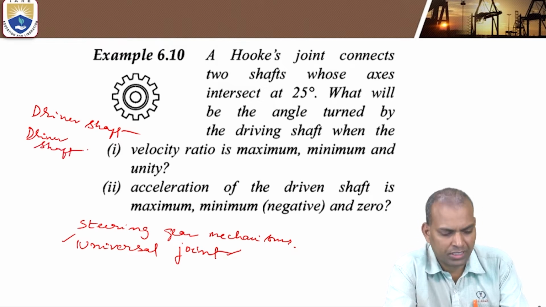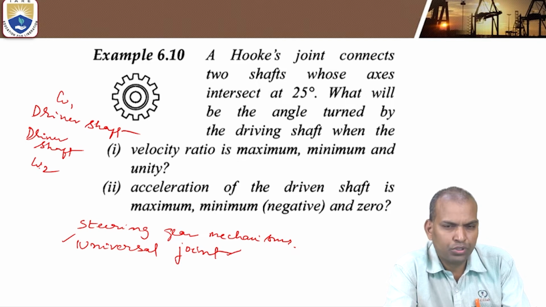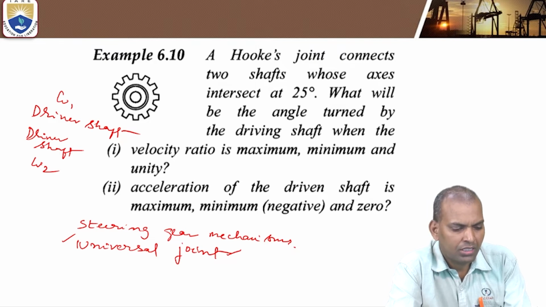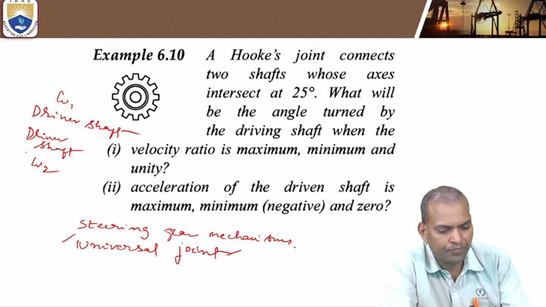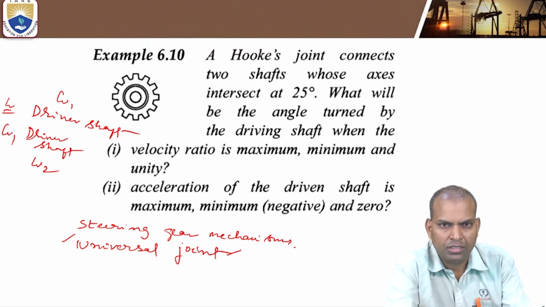The angular velocity of the driver shaft is denoted by omega 1 and the angular velocity of the driven shaft is denoted by omega 2. In some books, to protect themselves from the copyright point of view, they changed the notations: the angular velocity of the driver shaft is omega and of the driven shaft is omega 1.